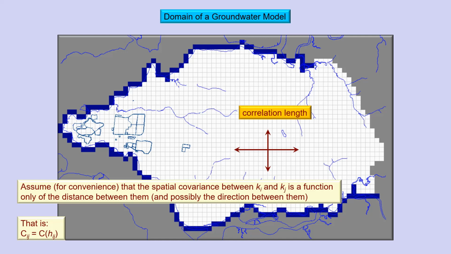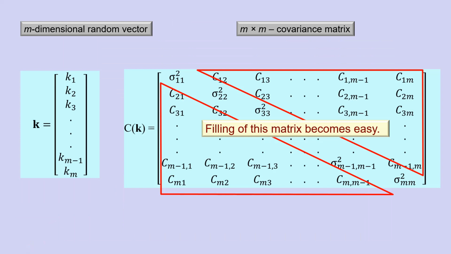Now, if I can come up with a simple function that describes covariance as a function of distance, then population of this matrix becomes easy. I no longer have to know tens of thousands of independent covariances.